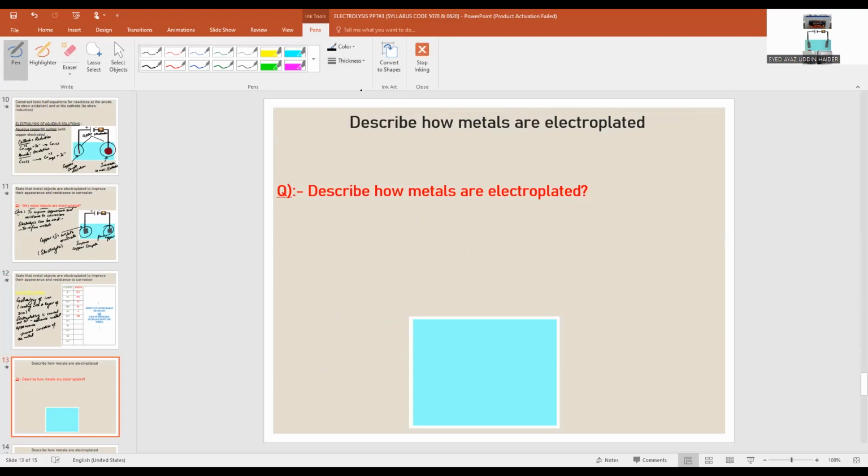Now I'm going to explain through a labeled diagram how you are going to solve this past paper question.